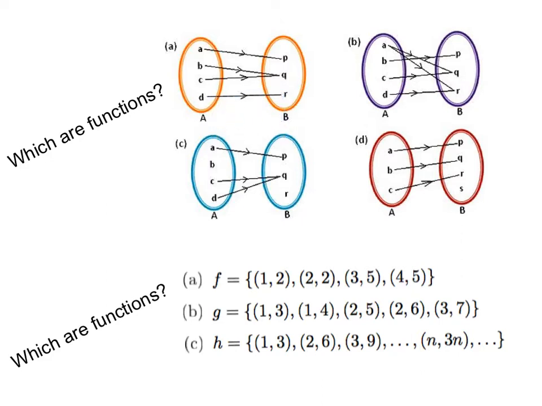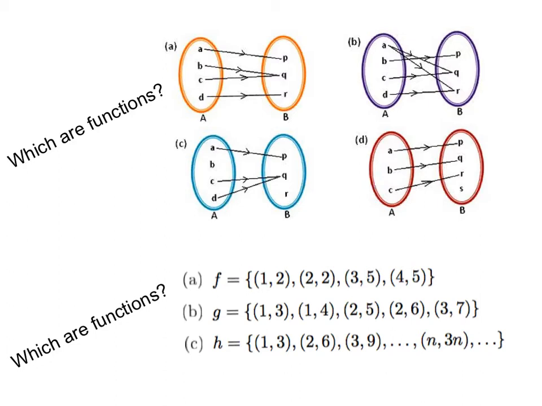So if every input only has one arrow coming from it, then it's going to be a function. So in this first one, A, B, C, and D only have one arrow, but in the second one, A has 2 arrows. So B would not be a function. Look at C. We have 2 arrows going to the same output. That's okay. As long as I don't have 2 arrows coming from the same input, these would be, so A, C, and D are all functions, B is not.